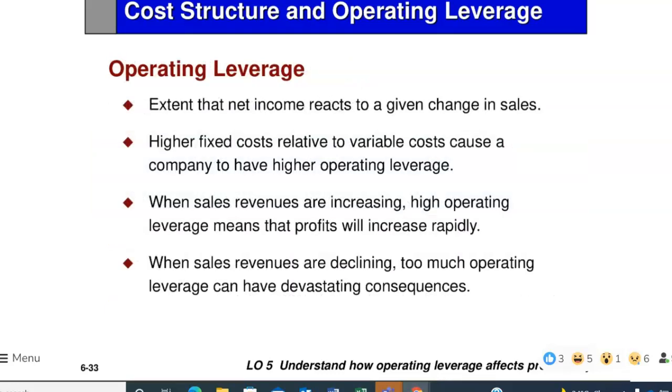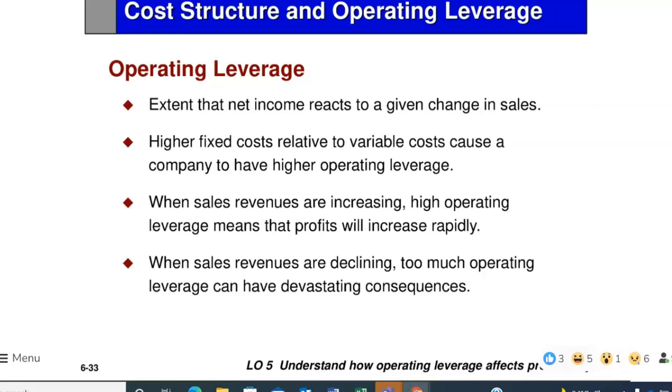So operating leverage is the extent that net income reacts to a given level of changes in sales. Higher fixed cost relative to variable cost causes the company to have a higher operating leverage. When sales revenues are increasing, high operating leverage will give you large profits.